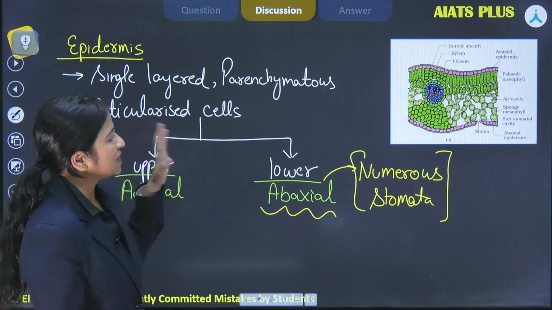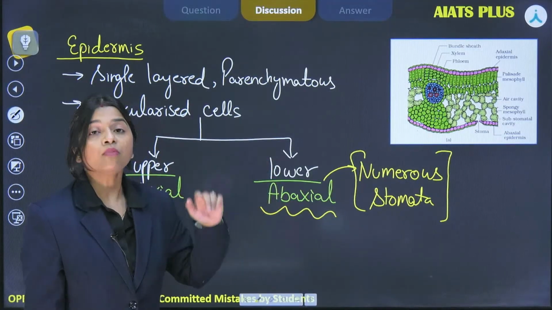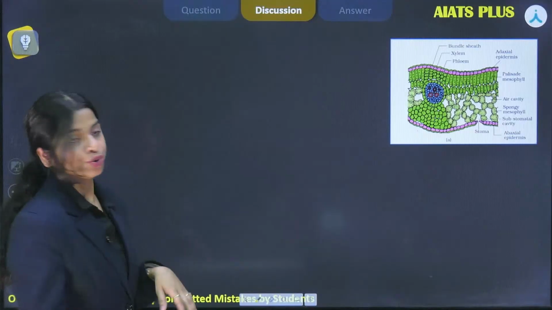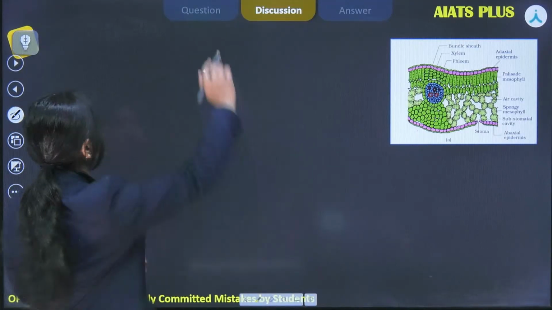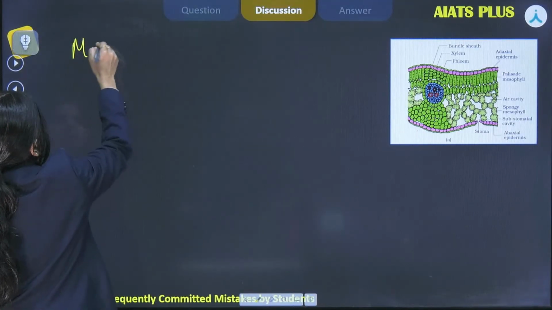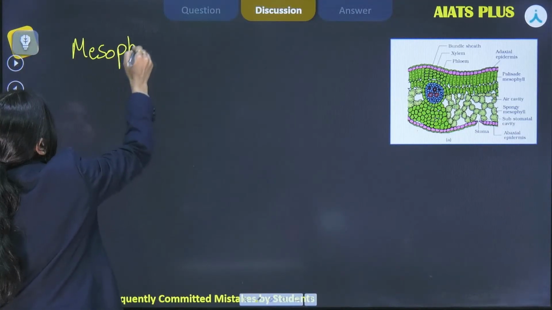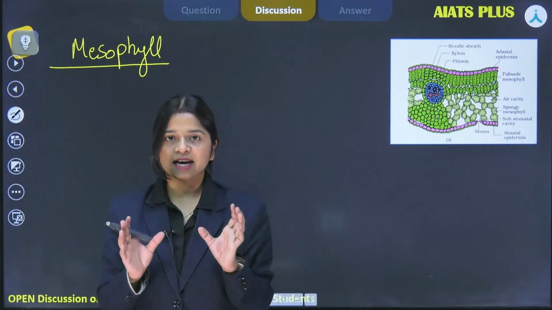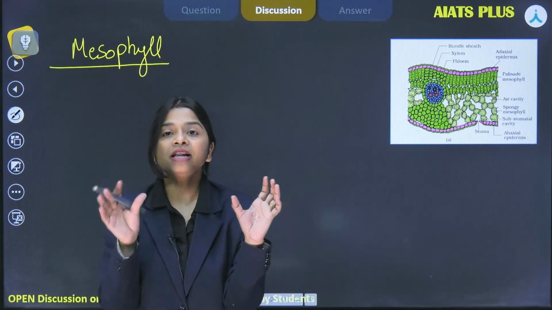All right, now this is about epidermis. Now moving on to the second part, that is the mesophyll tissue. The term is divided such that meso means middle, phyll means leaf.